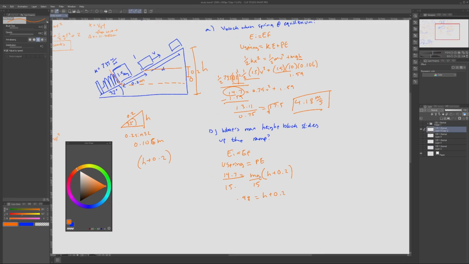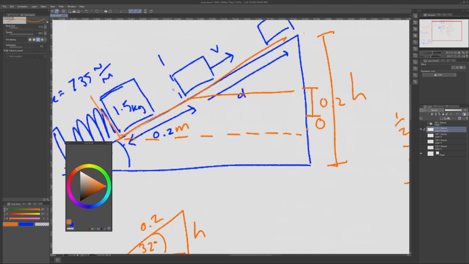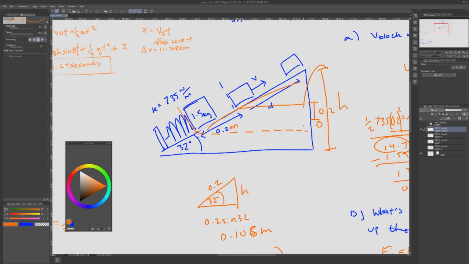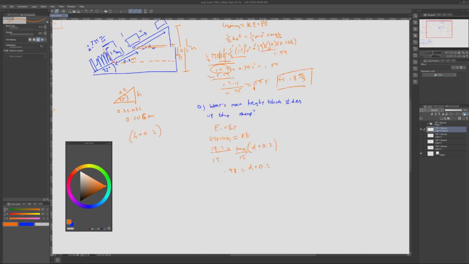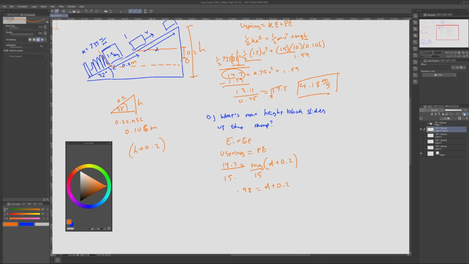So we know that this height is 0.2. Oh, sorry. This should be D, not height, sorry. We're going to find the hypotenuse first and then find H. Because we're looking at D right now and we need to find H, we're going to take this value that we get and put that into sine 32.